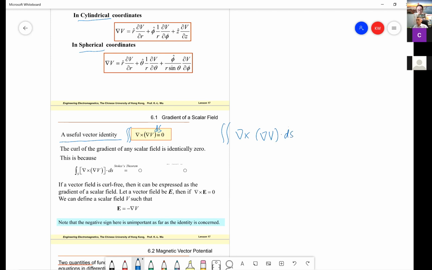This is a vector. Then using Stokes' theorem, we know this is equal to, this is the surface, and we have a boundary C. We already justified this. And let's recall what this is.